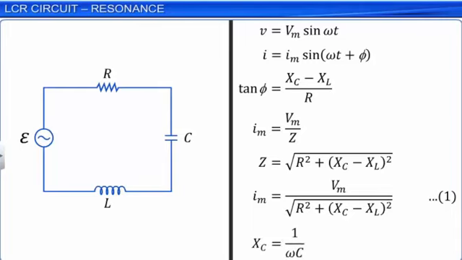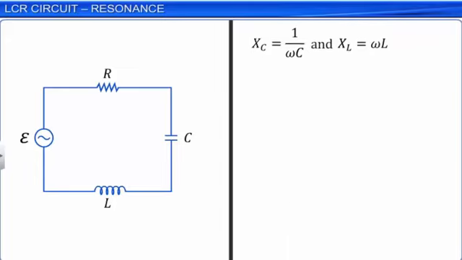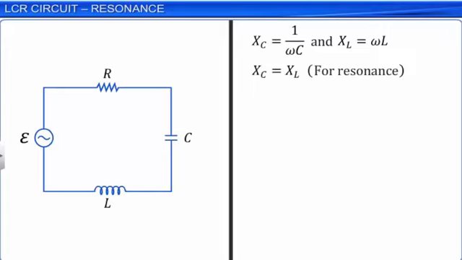For resonance in an LCR series circuit, the amplitude of the current in the circuit should be the maximum. For this, the necessary condition is Xc should be equal to XL. Substituting the values of Xc and XL in the expression, which is the condition for resonance, we get 1 by omega C equal to omega L, or omega square equal to 1 by LC.